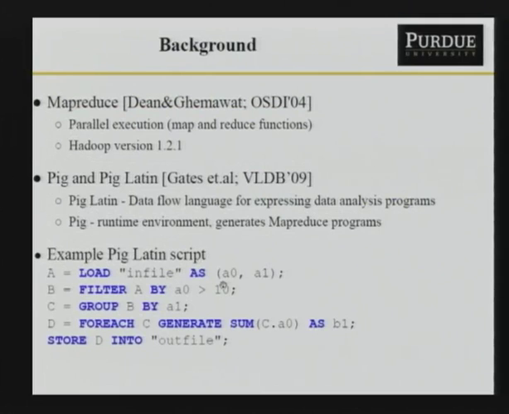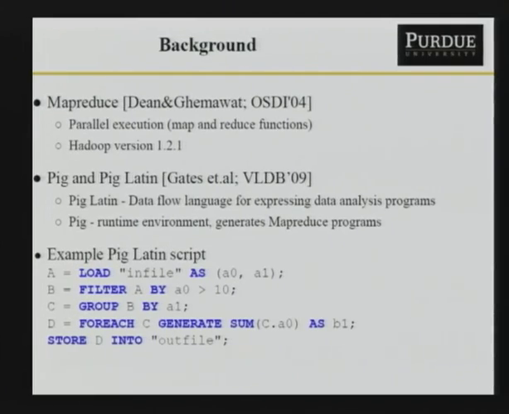Okay, so some background. We want to leverage the cloud infrastructure. So to do that, we use the MapReduce framework. More specifically, we use Hadoop, which is an open source implementation of this framework. But to avoid dealing with Hadoop directly, which for those who have played with it, code can get quite involved, we use Apache Pig.